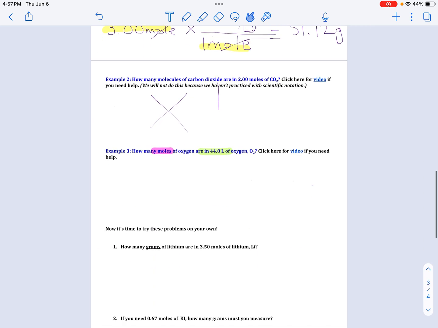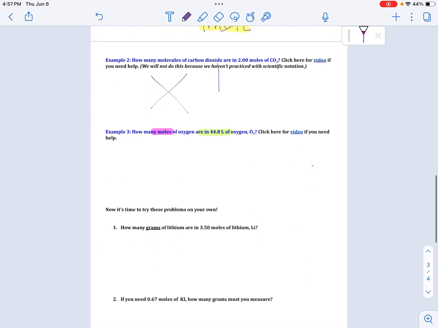So I'm going to go back down here. So I'm going to start by writing my given to the left. And I'm going to put the unit liters. Then there's always going to be a fraction.